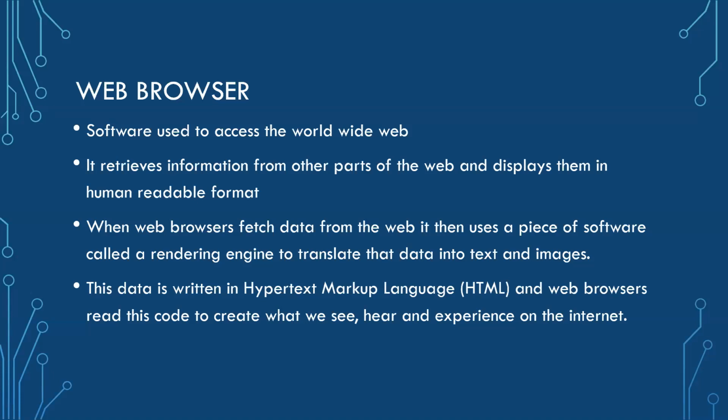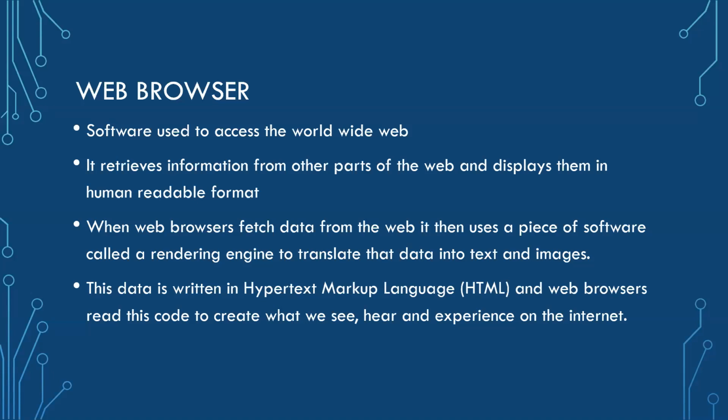It's used to access the World Wide Web. Basically, what a browser does is retrieve information from the internet and display it in a human readable format. Some of the underlying technology that powers a web browser includes the rendering engine and the hypertext markup language.